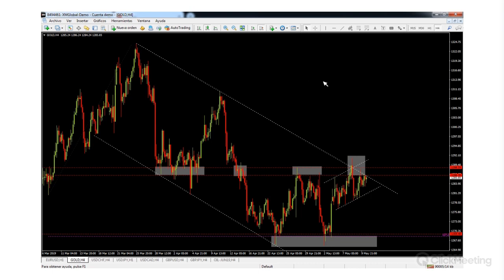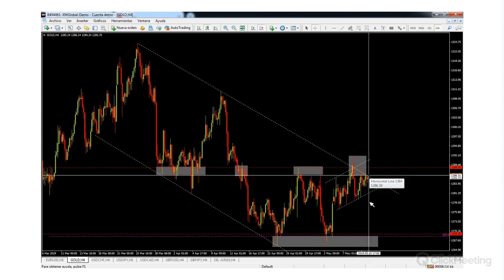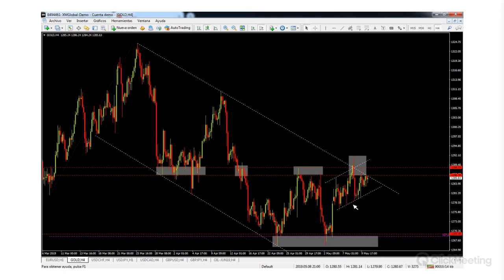We are in very choppy price action, but we are still below this zone, and we are kind of in a continuation pattern. But I'm going to eliminate it because it doesn't mean anything right now.